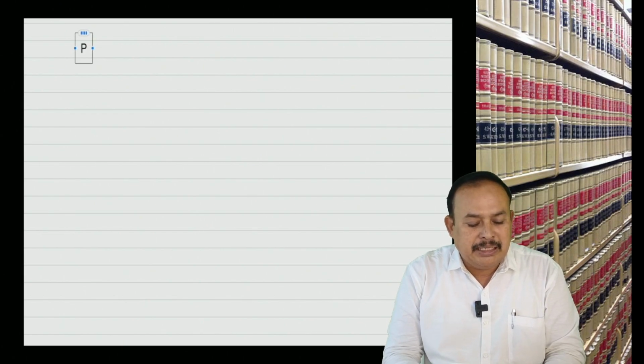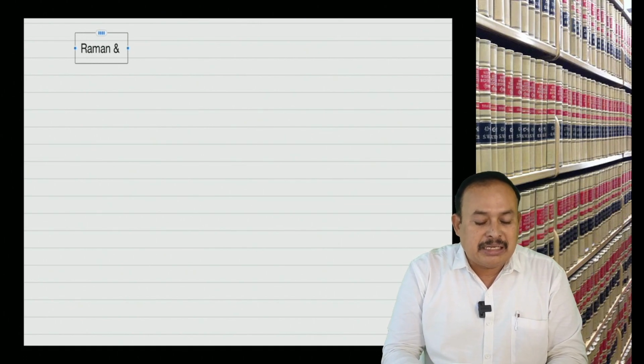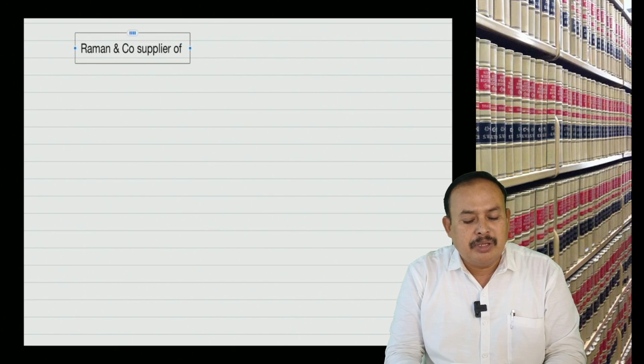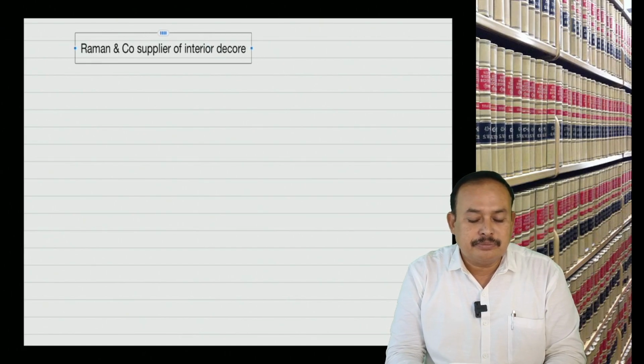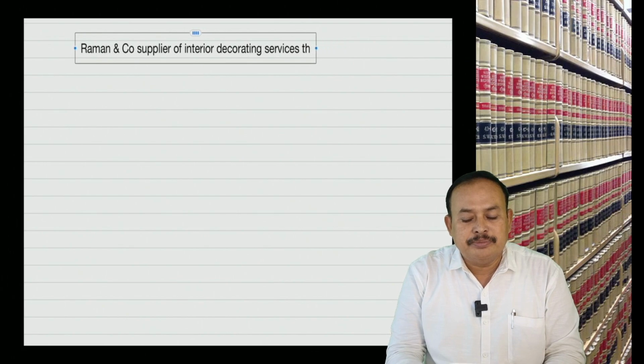Here I will say, let us say, Raman and company, supplier of interior decorating services through Amazon.